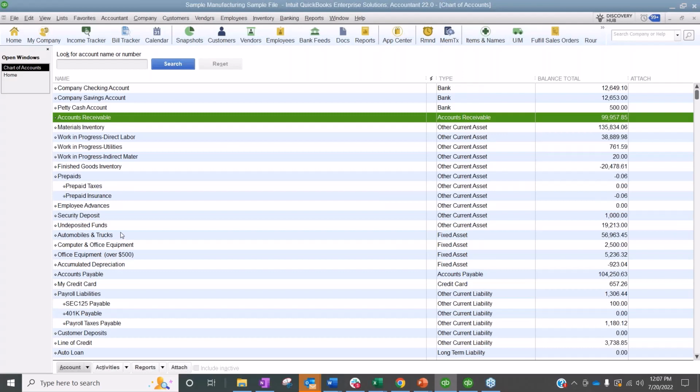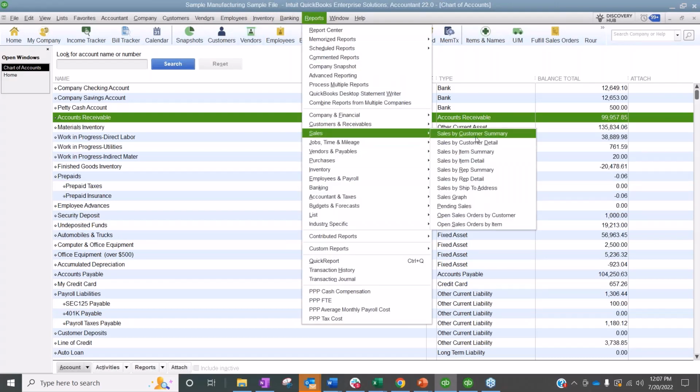When I asked why they don't run the sales by customer summary report, they said, I don't know what you're talking about. So of course I showed it to them, and they were shocked that this report gave them exactly what they needed. Then I had to merge every single one of those AR accounts together.